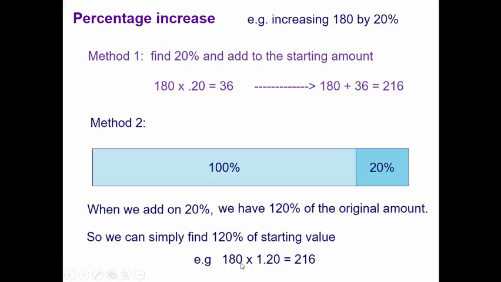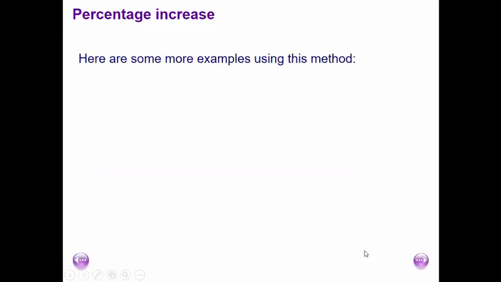So I'm multiplying 180 by 1.20. So multiplying it by the 1 keeps the 180, and the 0.20 adds 20%, all in one transaction. So 1.2 times 180 is 216, same price.